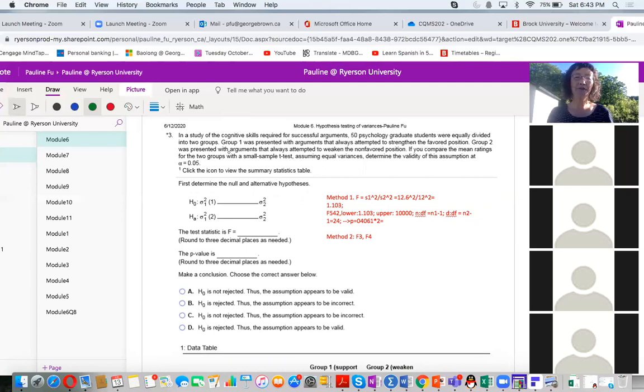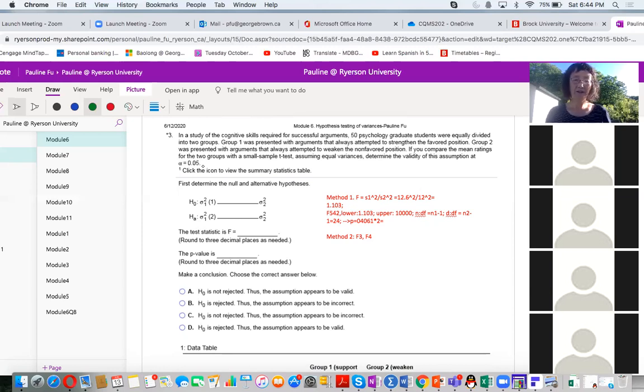Group 2 was presented with arguments that always attempt to weaken the non-favored position. If you compare the mean ratings for the 2 groups with a small sample t-test, assuming equal variances, determine the validity of this assumption at 0.05 level of significance.